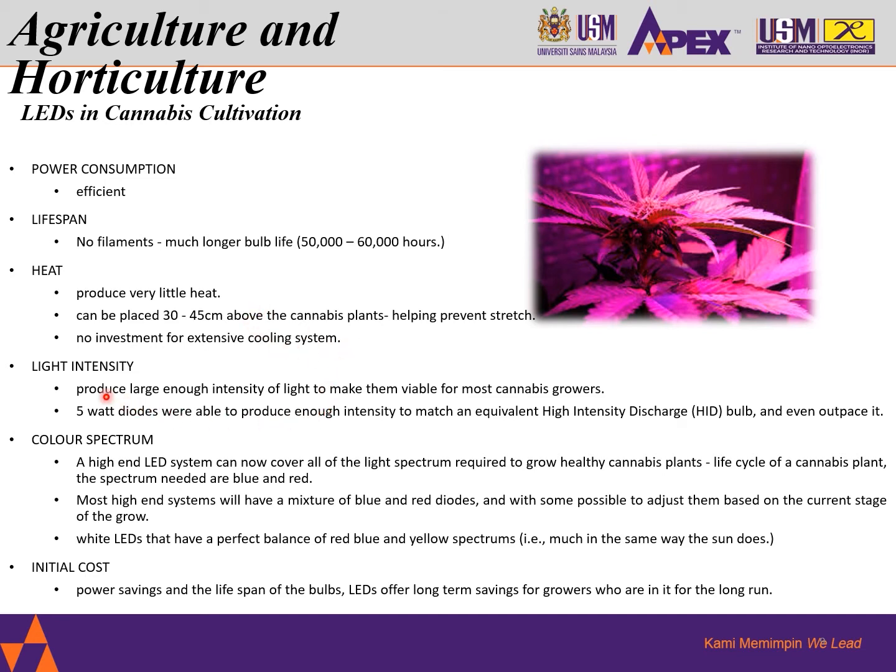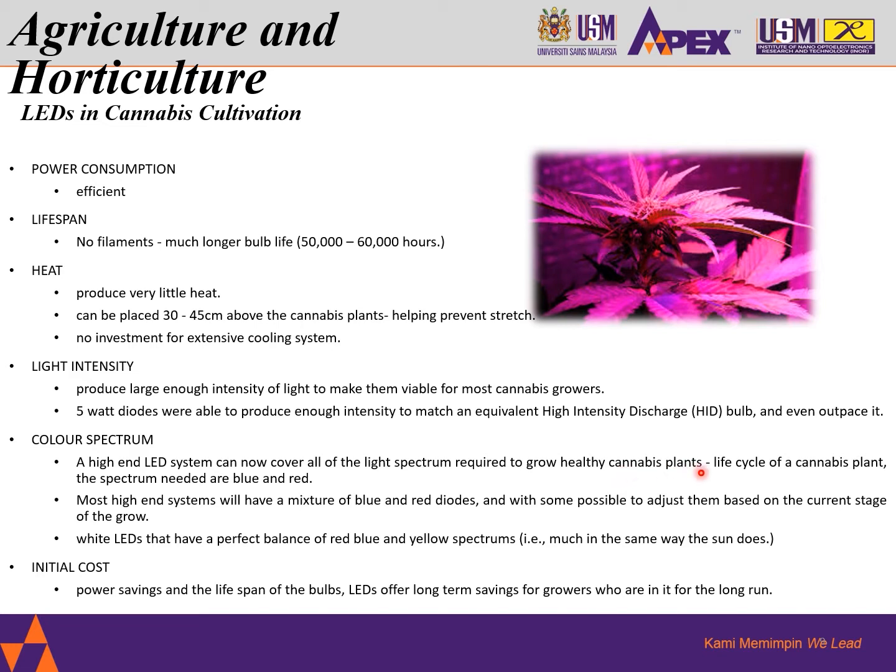As for light intensity, LEDs are able to produce large enough intensity to be viable for cannabis growers. Some growers found that LED lights with 5 watt diodes were able to produce enough intensity to match equivalent high intensity discharge, HID, bulbs and even outpace them. And on color spectrum, a high-end LED can now cover all the light spectrum required to grow the cannabis plant.